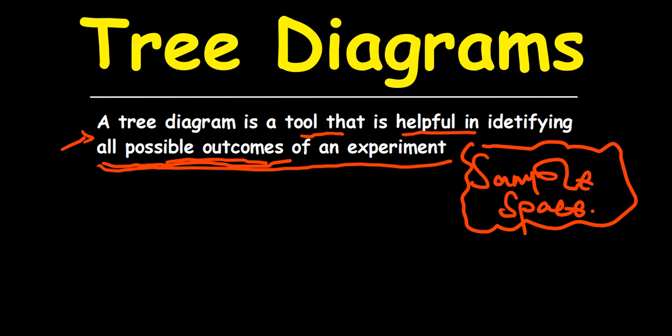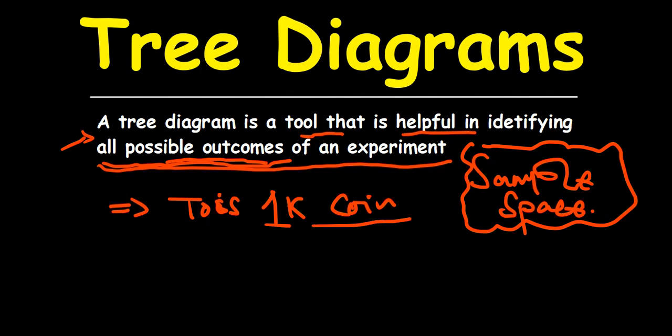Okay, so I'll give an example here. Let's say you toss a 1 kwacha coin. Okay, toss a 1 kwacha coin. If you represent the possible outcomes of tossing this 1 kwacha coin on a tree diagram, it will be something like this. You draw two lines that are going apart like that.